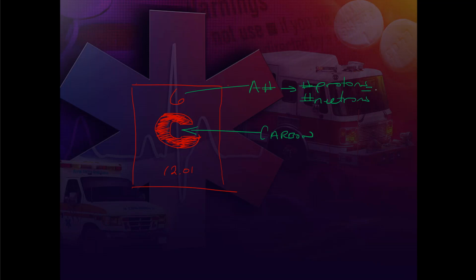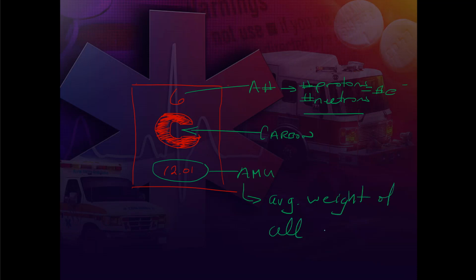And that should probably equal the number of electrons. This number here is the AMU, the atomic mass unit. The atomic mass unit is basically going to be an average of the weight or mass of all, in this case, carbon isotopes.